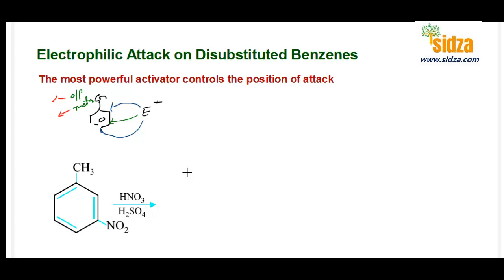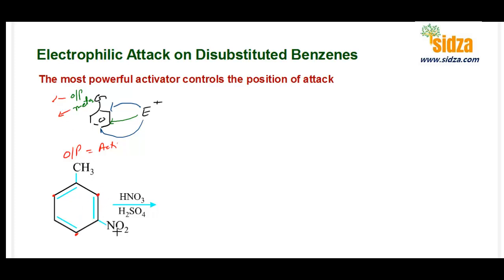So you can see in this particular example, we have a methyl group, which is a ring activator. It is an ortho para directing group. That means this methyl group will direct the electrophile to attack this molecule at these positions over here, because it is a ring activator and an ortho para directing group.